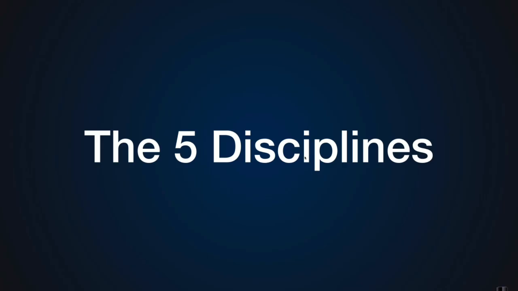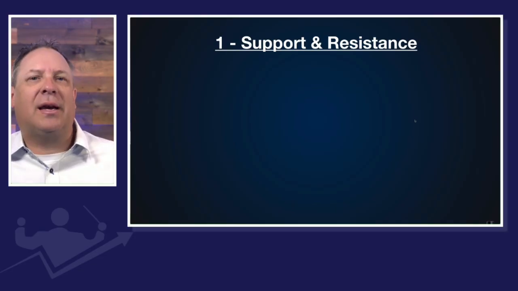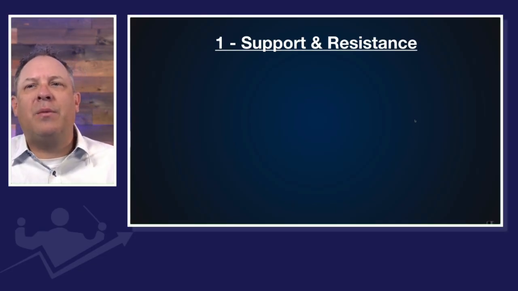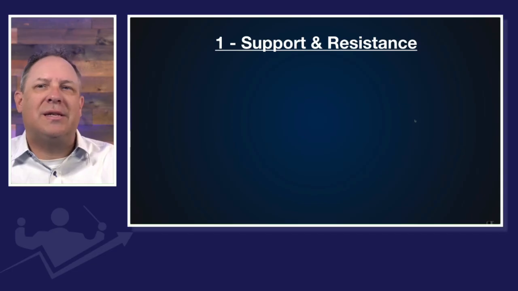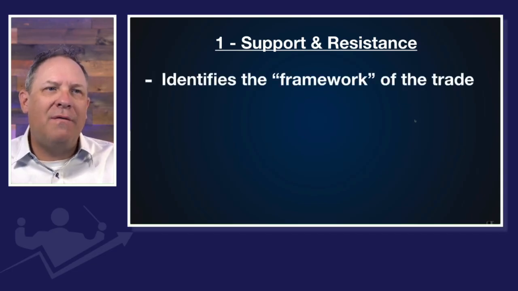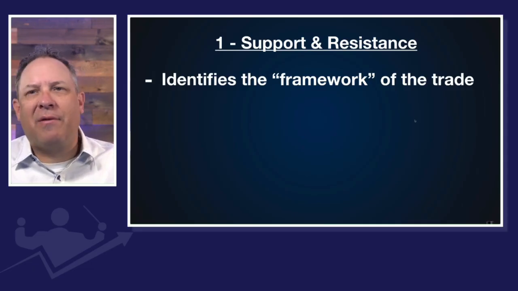So let's jump in. The first discipline is support and resistance. Actually, I don't think I introduced these to you yesterday. I think it's the first time. So the first discipline is support and resistance. And what we're going to do with our support and resistance is identify the framework of the trade that we're considering. You say, what does that mean? Well, here's what we're looking to do.